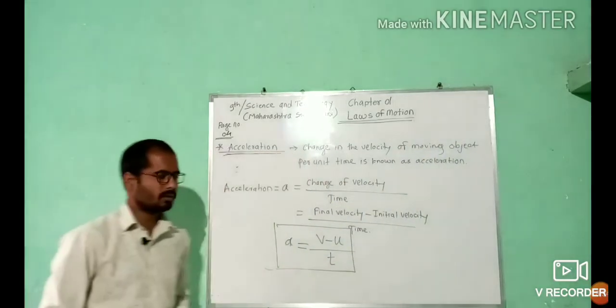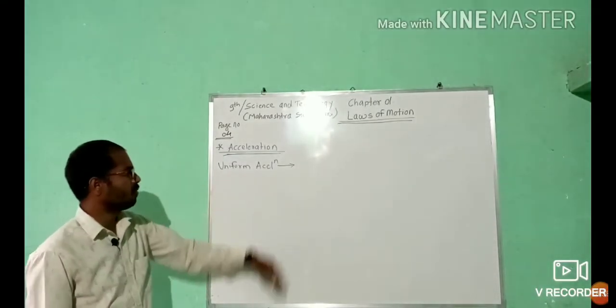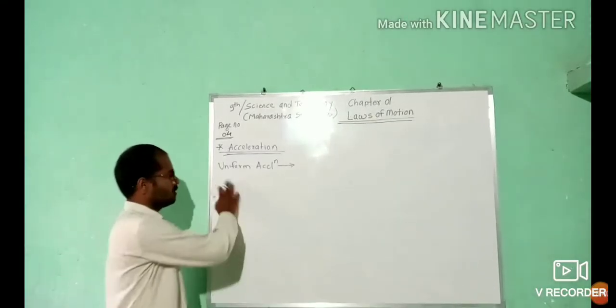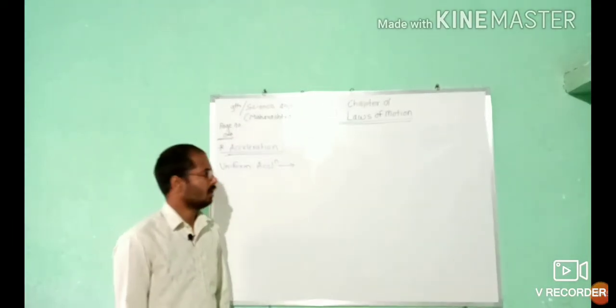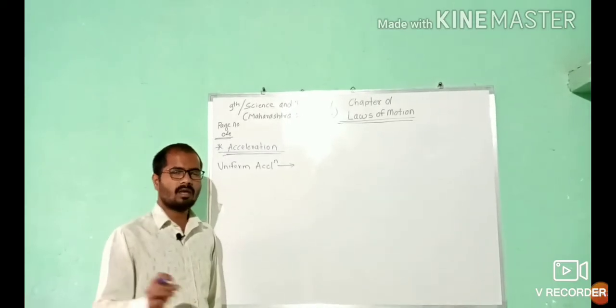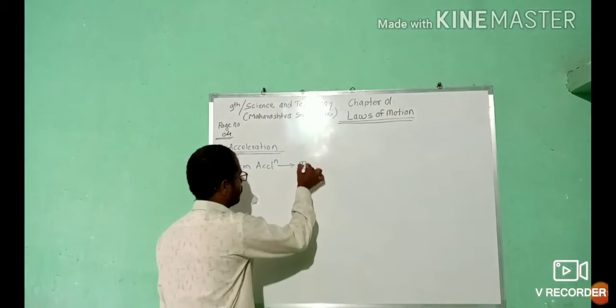Got it? Okay. So acceleration also has two types, that is uniform and non-uniform acceleration. The first, uniform: if the change in velocity of your object is equal in equal intervals of time, that is known as uniform acceleration.